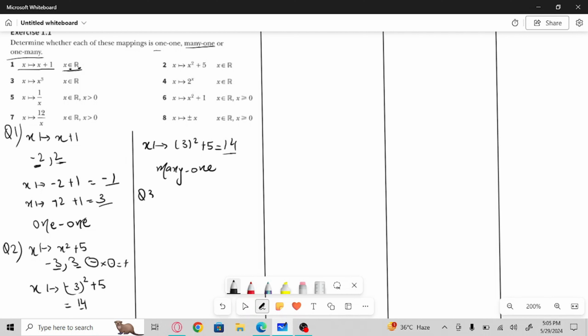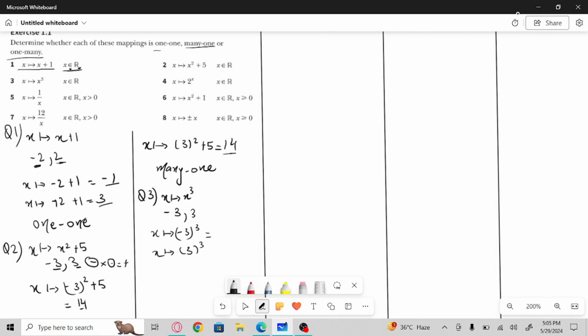And on to question number 3. Here it's saying x is mapped to x cubed. So this is a different type of question. We take any two random values, again -3 and +3, and say x is mapped to (-3) cubed and x is mapped to (+3) cubed.